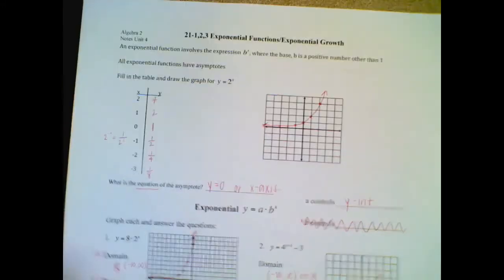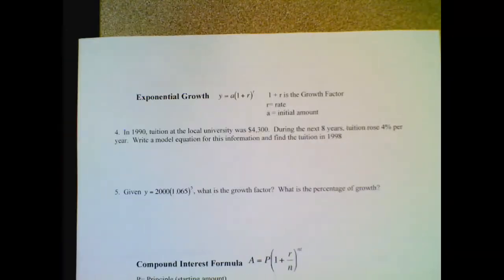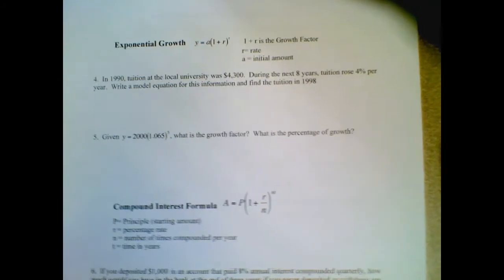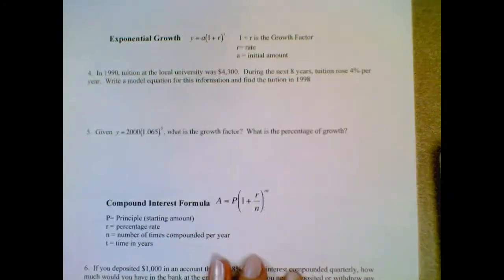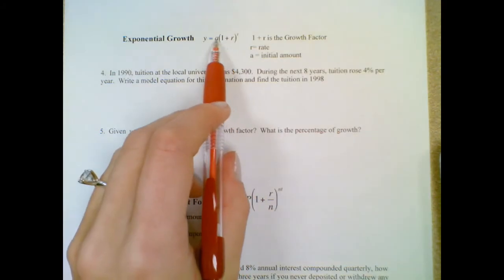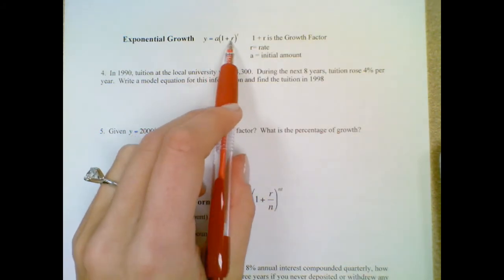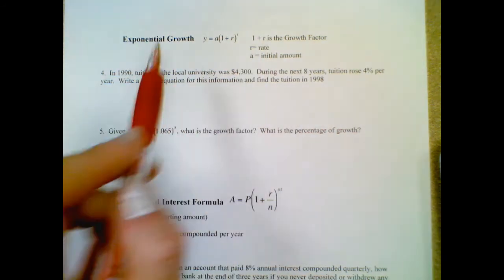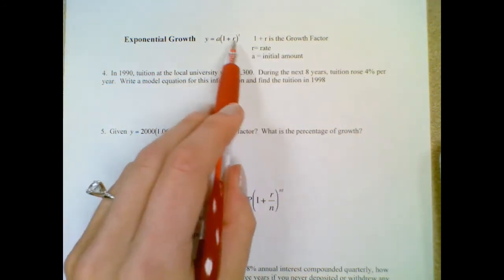On the back, we're going to talk about a couple formulas we have. Okay? We got exponential growth and compound interest formula. So exponential growth, this is the formula right here. Y equals a times 1 plus r to the t power. 1 plus r is the growth factor, like how much your function's growing by. R is your rate.